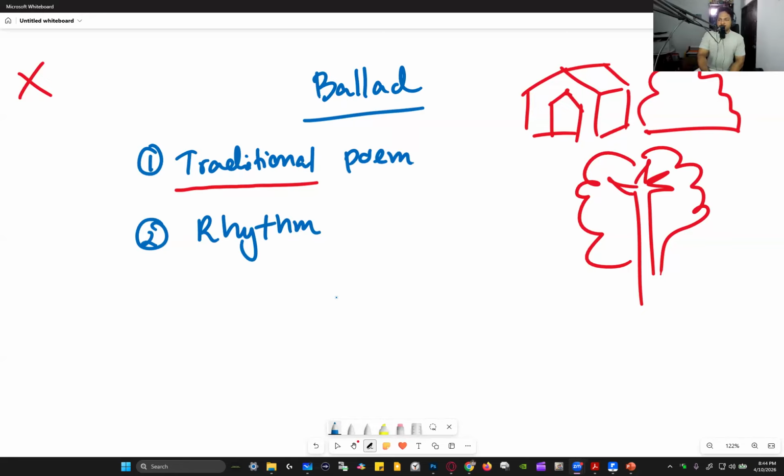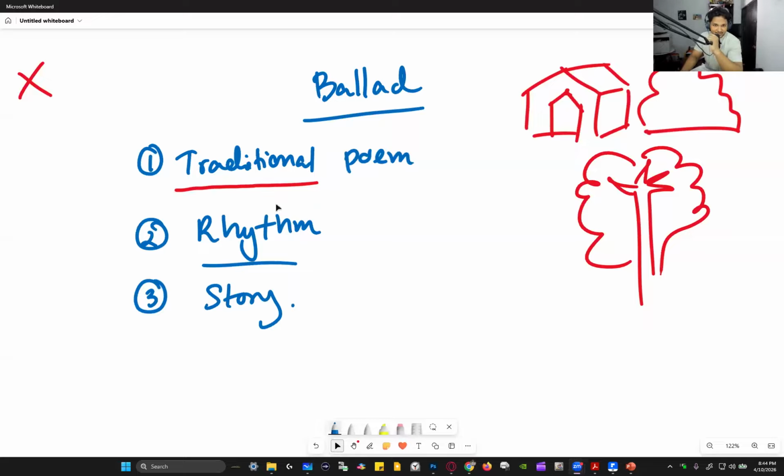And finally, there must also be a kind of story. Only then will the poem classify as a ballad. It must be traditional, that means sampradayika, parambaryam in Tamil.